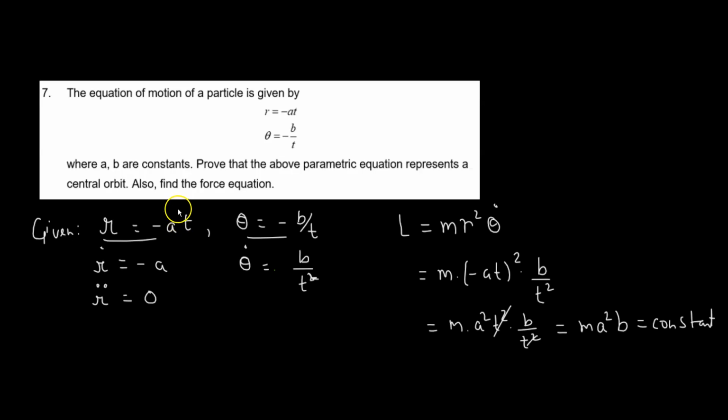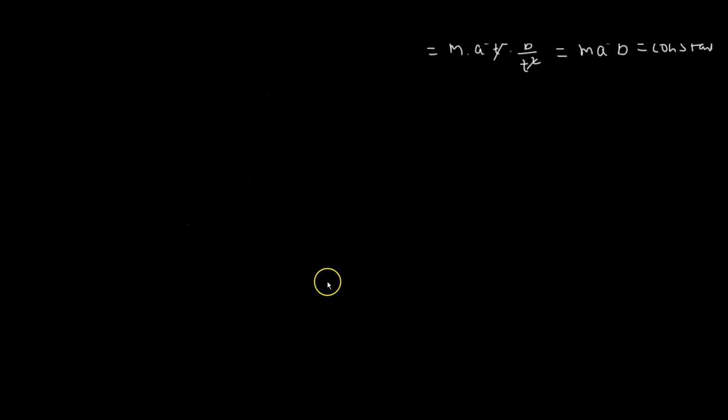Now the next task will be to find the force equation. We will start with r equals negative at. Clearly here we see that our r is expressed as a function of time t. Now we want to express r as a function of theta. Theta is given as negative b over t.